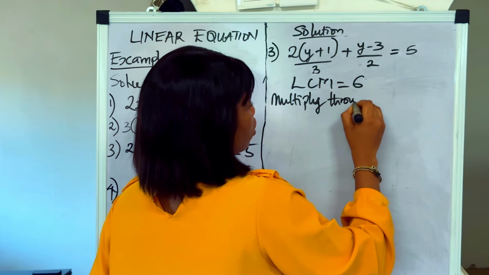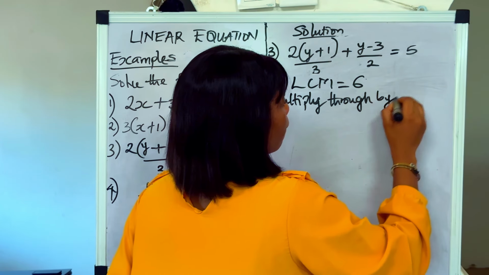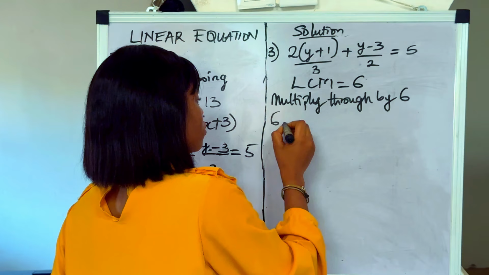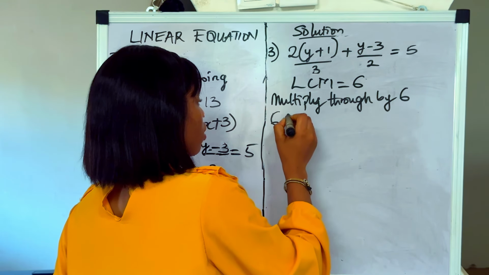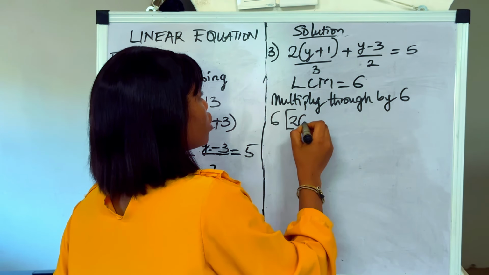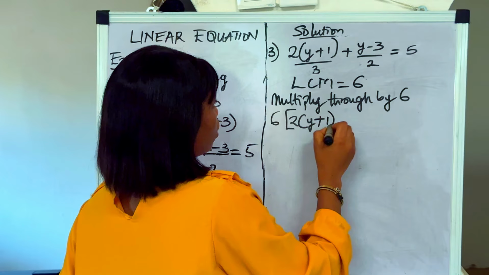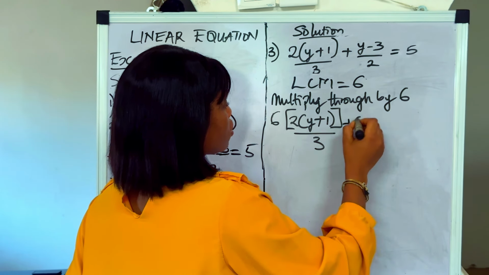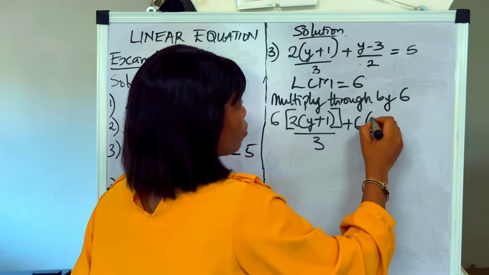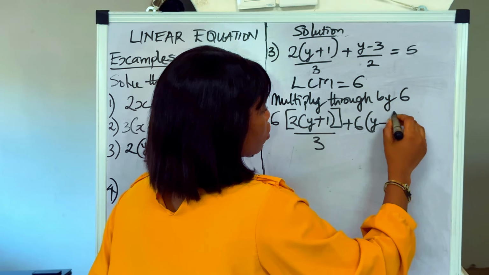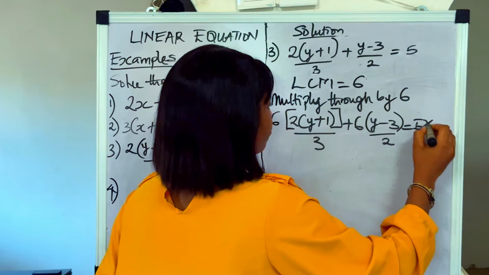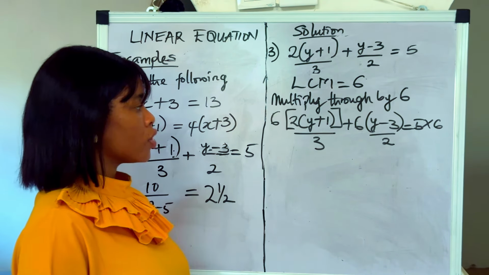Multiply through by 6. So we have 6 times 2 into bracket y plus 1 all over 3 plus 6 into bracket y minus 3 over 2 equals 5 times 6.